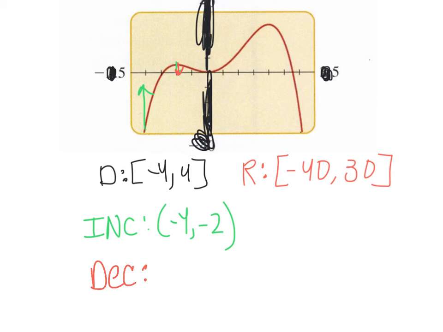It's decreasing from -2 to 0. And then what does it do here? From where? And then what's it doing? From 4 to 6.